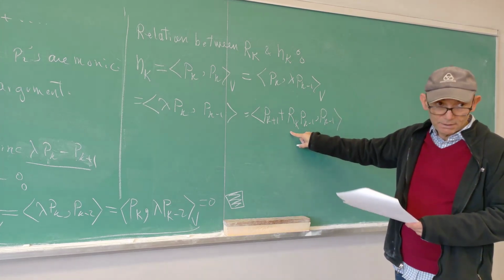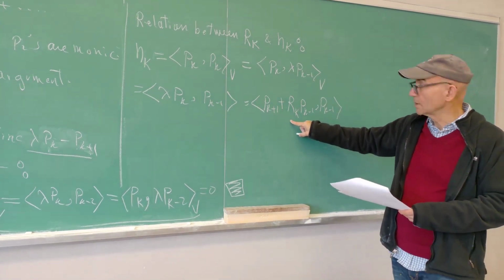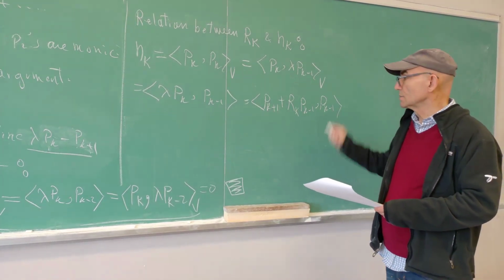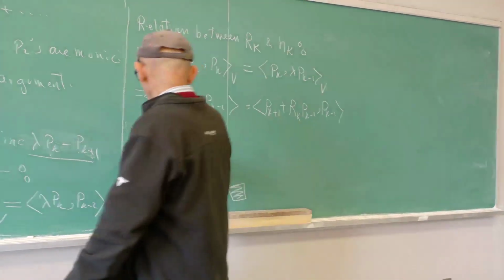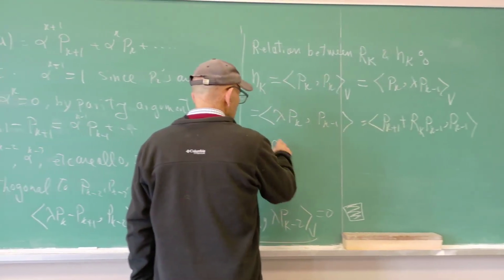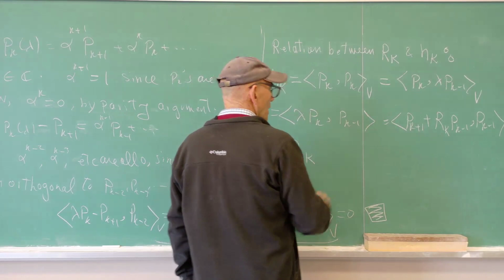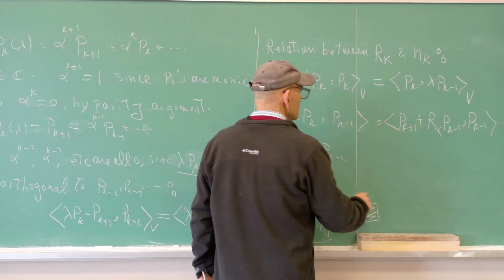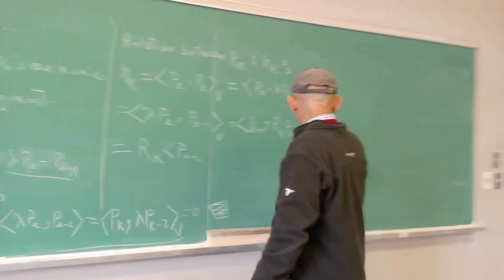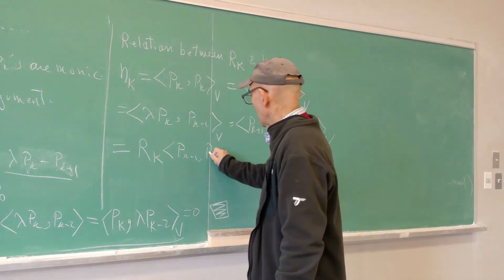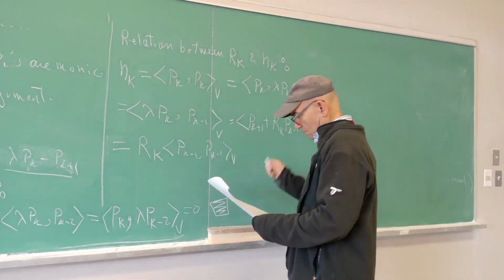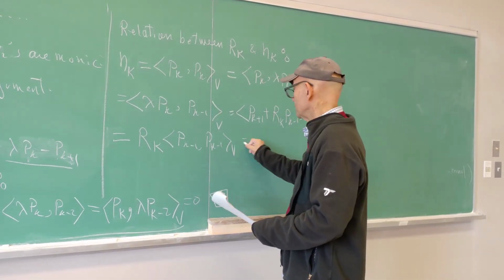But rk is a constant, unlike lambda, and the inner product of pk plus 1 with pk minus 1 is 0. So this drops. I'm only left with one term. This is equal to rk times the inner product of pk minus 1 with pk minus 1, and this is rk hk minus 1.